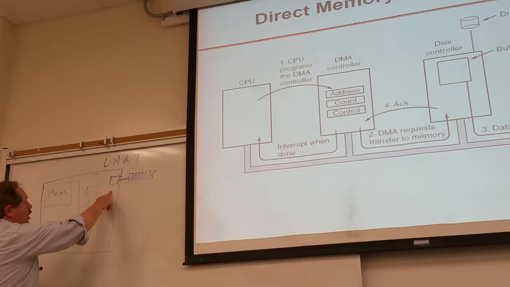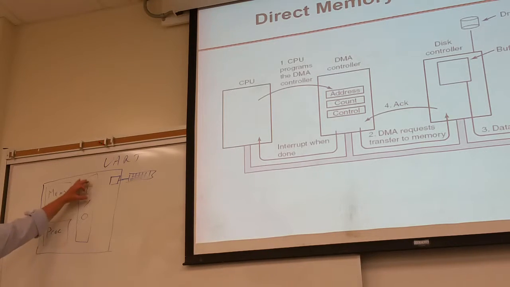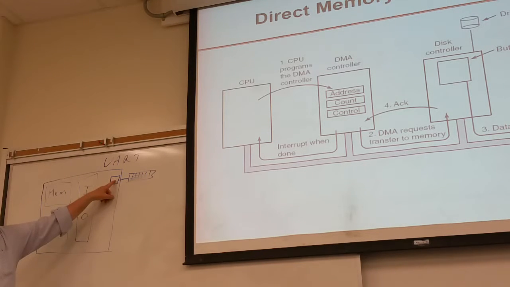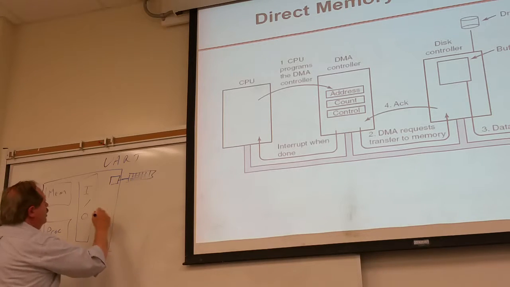So in order for us to manage this, in order for us to get from a read or a write down to the device, I am going to need an additional component.